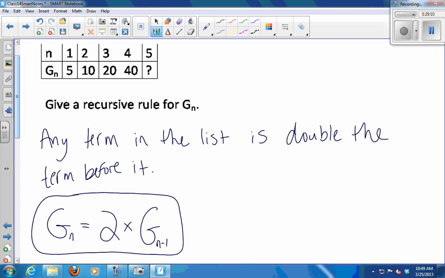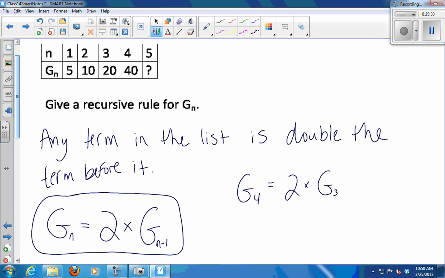Like if I did G sub 4, that's 40, and that's 2 times 20, 2 times the number right before it in the list, which is named G3. I already did the minus 1 in my head: 4 minus 1 gives me 3.